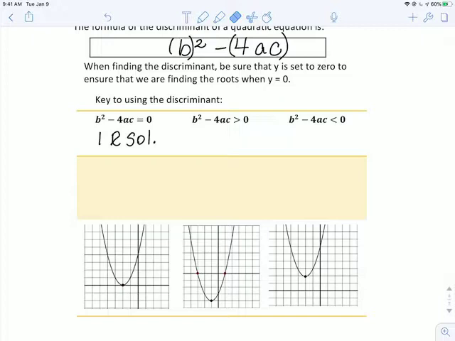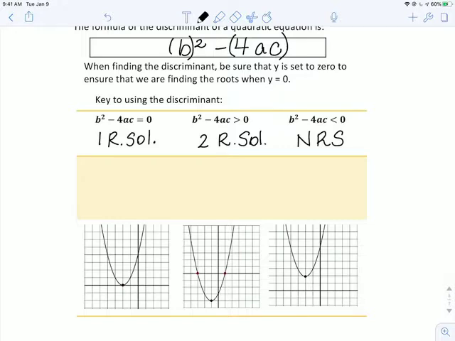Does that look like an R? If not, let me make it look a little bit more like an R. There you go. If you find out that your value is greater than 0, that is telling you that you have two real solutions. And then finally, if you find a value that is less than 0, that tells you that you have no real solutions.